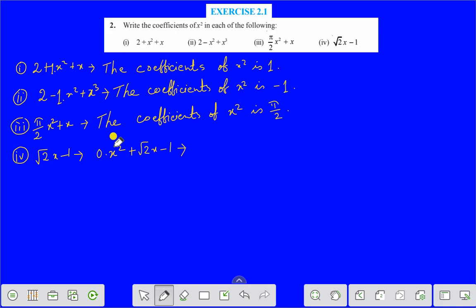Therefore you can say the coefficient of x square is 0. That is the answer.